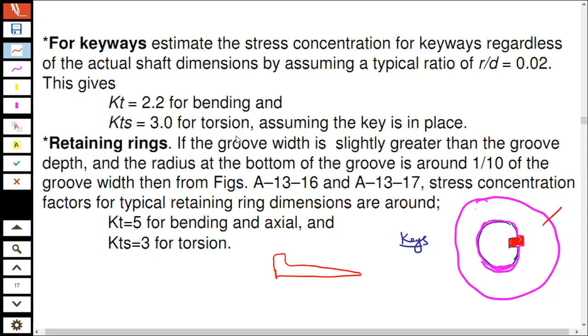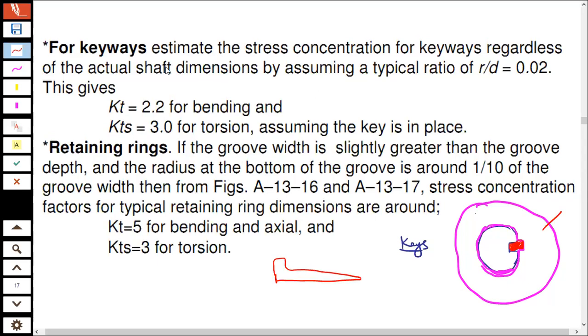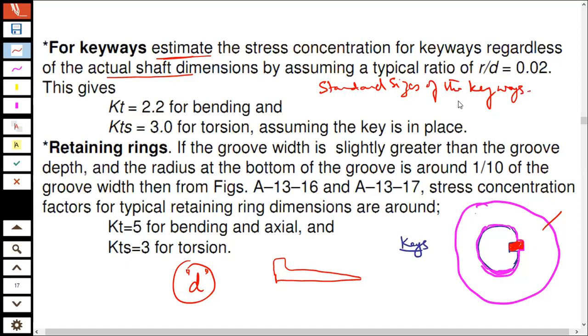So again, for keyways, we use an estimate of the stress concentration regardless of the actual shaft dimension. As I said initially, since we don't know the diameter of the shaft, we would use estimates, and those estimates are based on the standard sizes of the keyways and keys that you use.